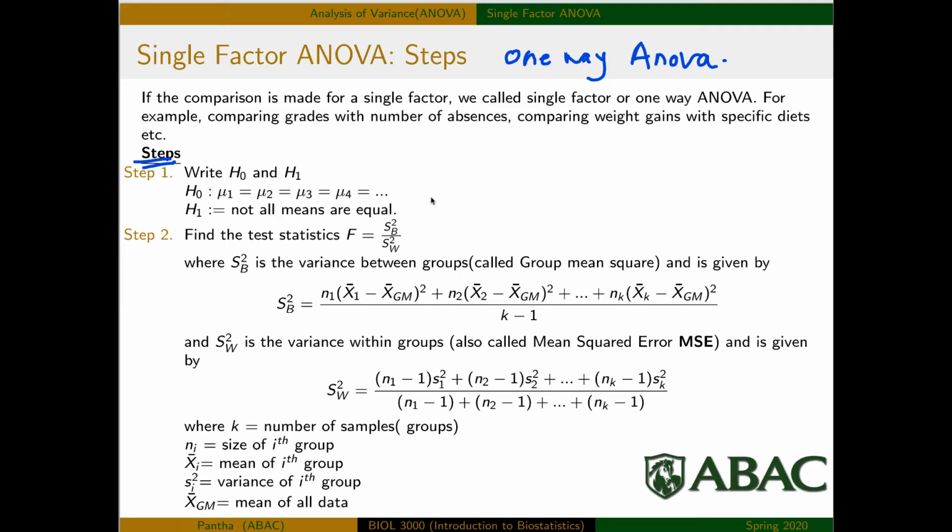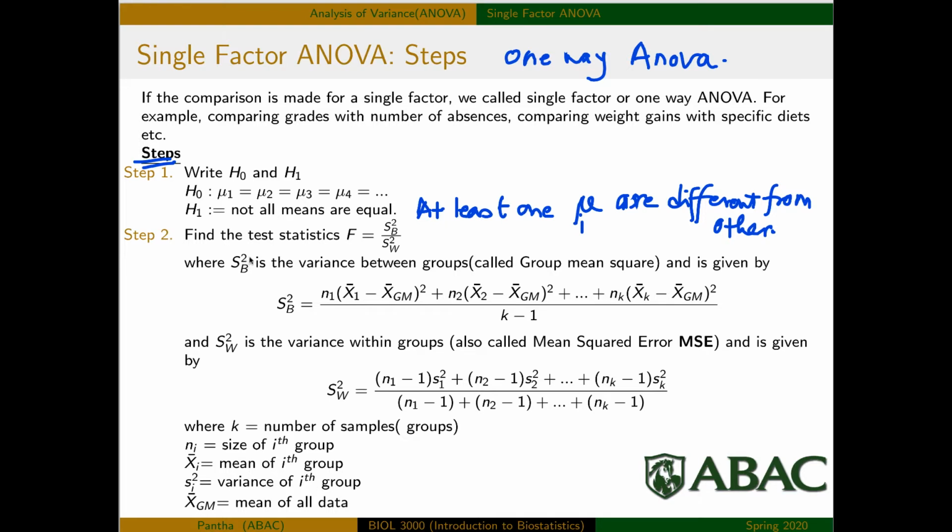So at least one of the mu1 or mu2 or mu3 or mu4 is different from the others. Okay, that's what the alternative hypothesis is.